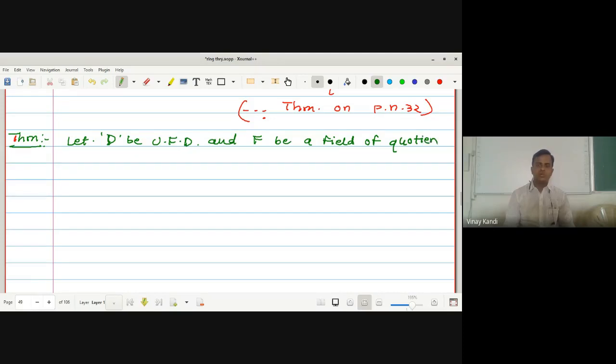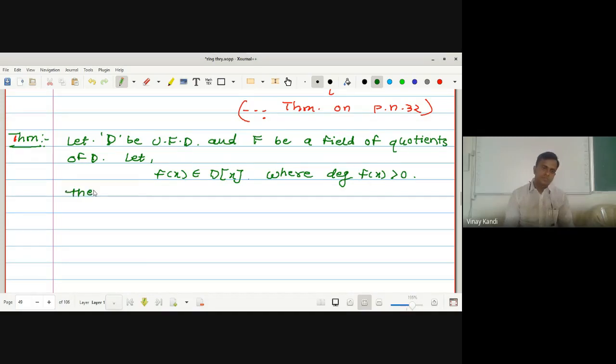This is the field of quotients of D. Now pay attention: let small f of x belong to capital D of x, that is the ring of polynomials over D, so every coefficient is from D, where the degree of f of x is greater than 0. What is the meaning of this sentence? It must be non-constant.